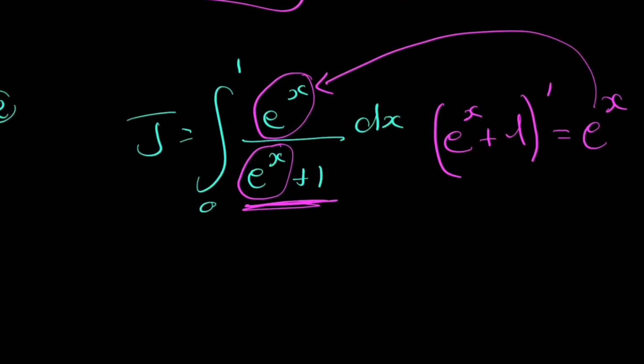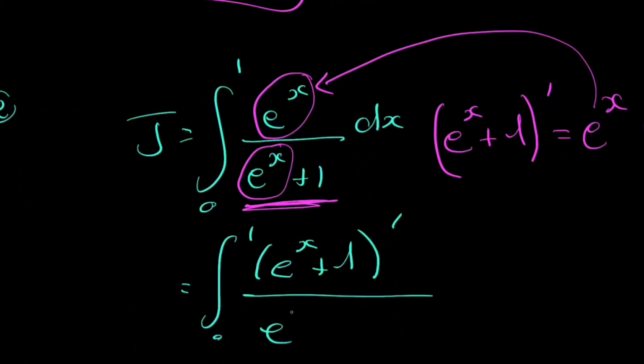So we've got the integral from 0 to 1 of exponential of x plus 1 prime over exponential of x plus 1 dx, of course.